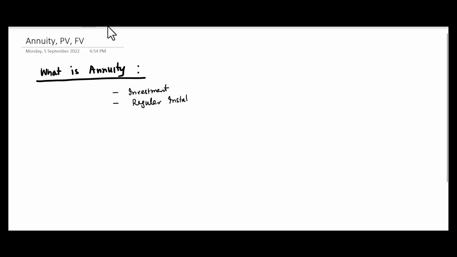So the first question which comes to our mind: what is annuity? If you ask me, annuity in simple terms is a kind of investment that has a regular installment, and you deposit that installment on a regular period.